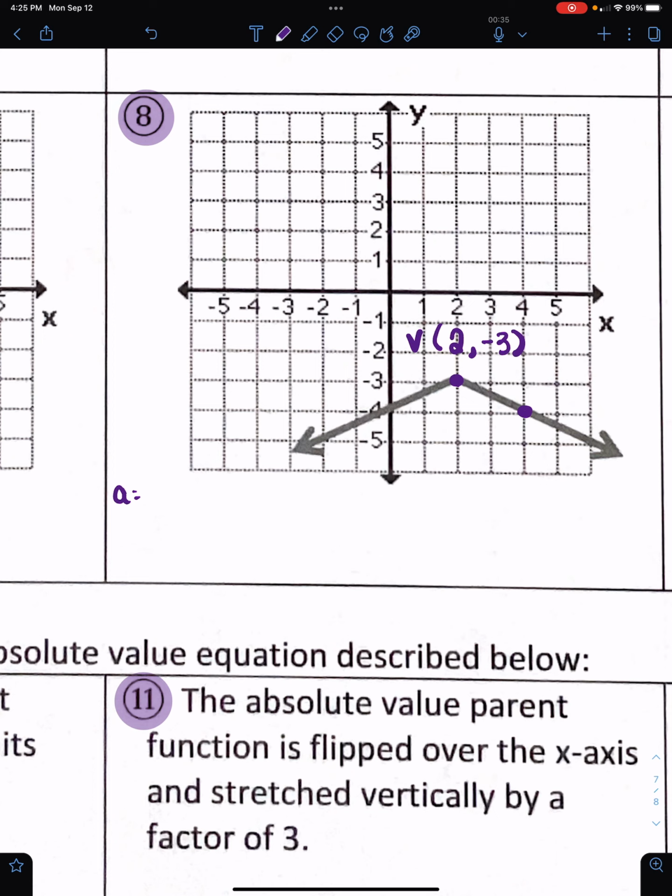Once I have two good points that we want to look for, count the rise over the run. So that goes down 1, right 2. So the a value is negative 1/2. The h value is that same h value in our vertex, which is this right here. So h is 2, and k is negative 3.